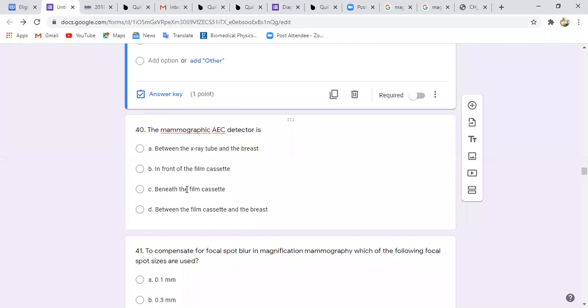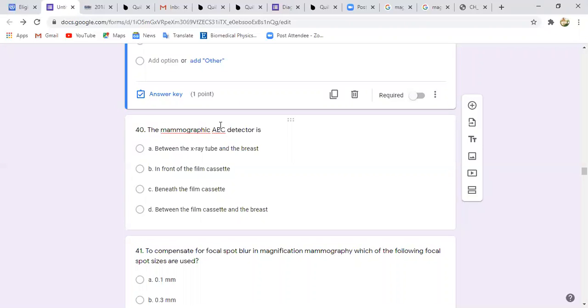Why? Because of the intricacies of the mammography machine, of course, because of the imaging detail. We don't want to have any shadow, anything that will begin to give a radiologist a problem. Is this an artifact or whatever? No, we don't want to have any problem whatsoever in interpreting the image. So the AEC detector is placed below the cassette, so that the detector's image is not cast on the film.